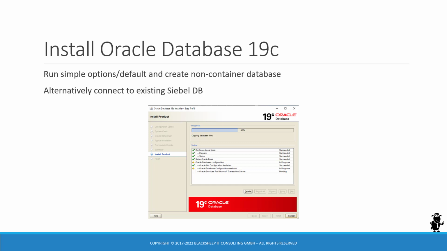In our case, we use Oracle 19c database, and after downloading the installer for Windows, the easiest way probably is to run the installer with the simplest set of options and create, including with the installer, use the options to create a non-container database, which gives you enough space to actually install a Siebel database later on.